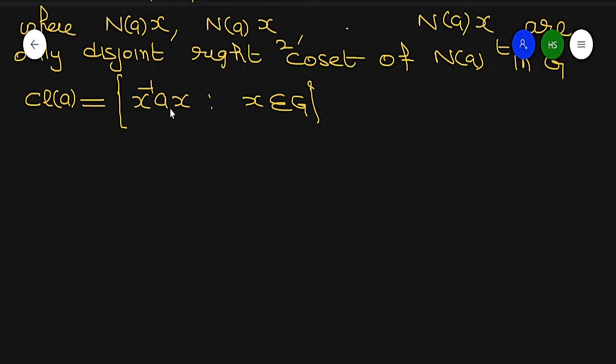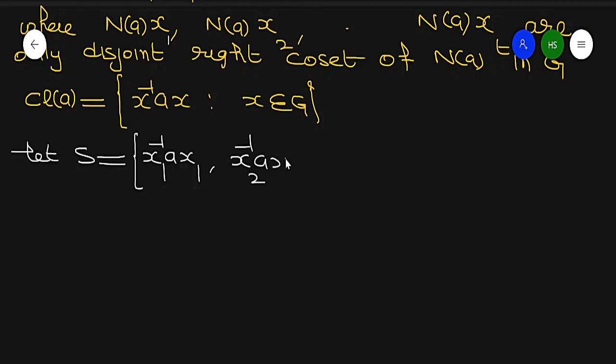If I prove that it has only t distinct elements of this kind in the class of A, I take a set S of distinct elements of this kind: x1 inverse a x1, x2 inverse a x2, and so on up to xt inverse a xt.